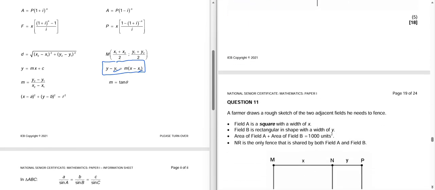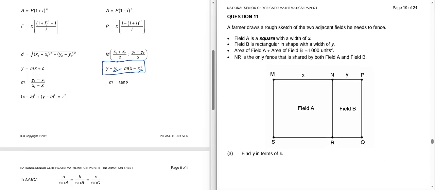Now let's go to question 11. Now for question 11, we are almost done. 2 more questions, right? Now a farmer draws a rough sketch of 2 adjacent fields he needs to fence. Field A is a square with width x. Now let's interpret that. Field A is a square of width x.